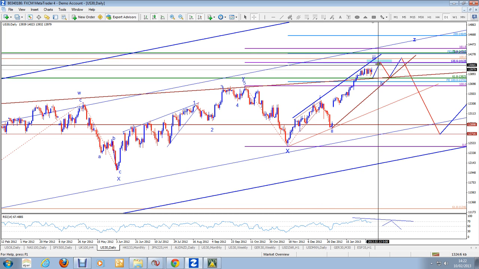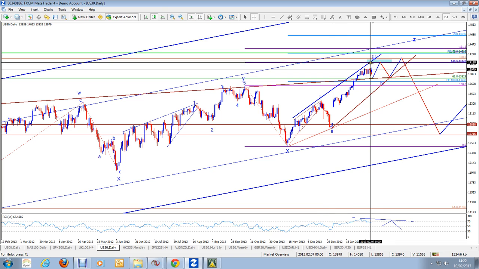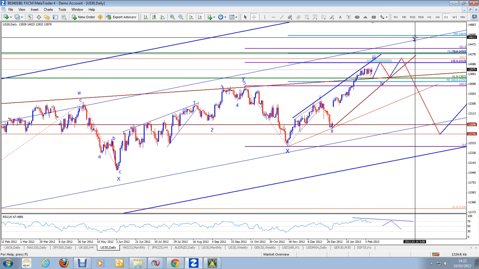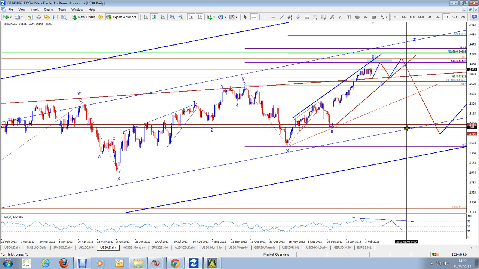So that's where wave 3 could finish up. And if it pulls back and makes a wave 5, then we could well be looking at 14,004, 14,005 before any significant retracement will be due. So looking into the next couple of weeks, allowing for the usual retracement, the bias will remain to the upside.